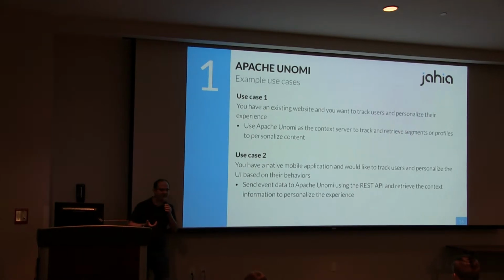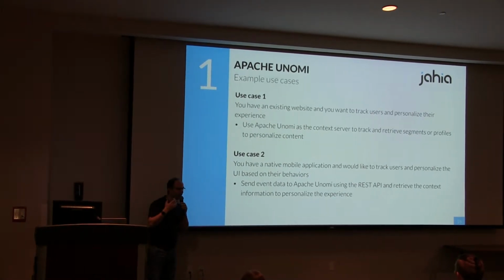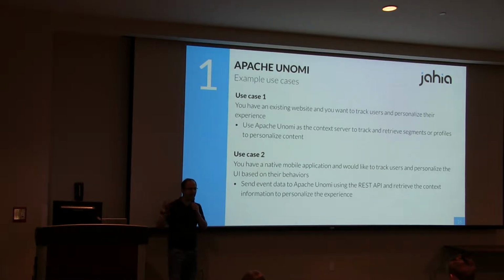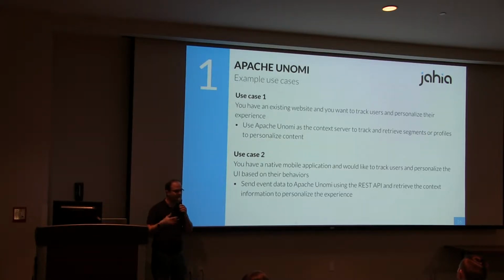The other use case that's very interesting is, let's say you have a native mobile application. Very honestly, most people nowadays send data to other people. The developers of mobile applications will use Flurry or another mobile analytics system, and they're sending this data out to this external system, and they have no idea what they're doing with it.